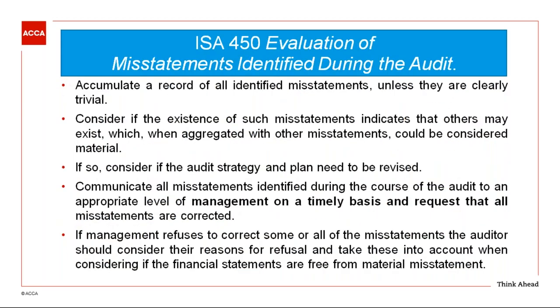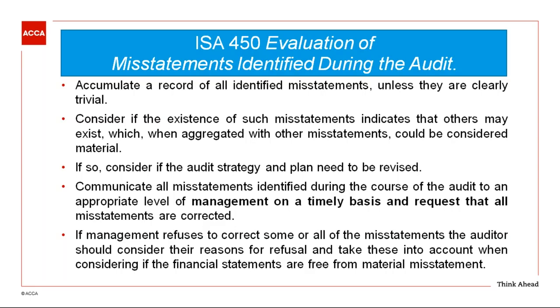ISA 450 is important in terms that whenever you have obtained sufficient and appropriate evidence related to a material misstatement, what the auditor needs to do when he finds a possible or confirmed material misstatement. Normally if the examiner asks you to write further actions that are needed, it includes ISA 450, the evaluation of the misstatements identified during the audit.